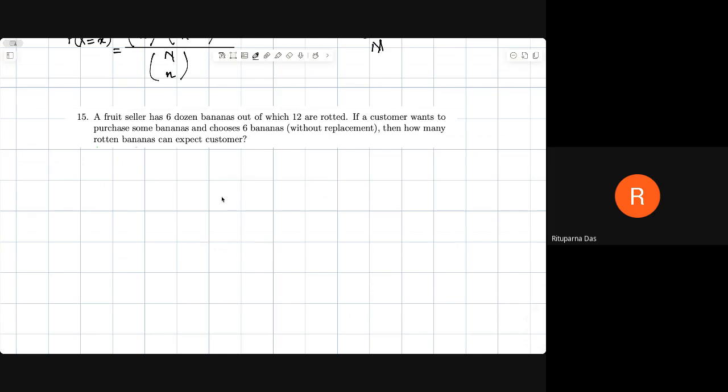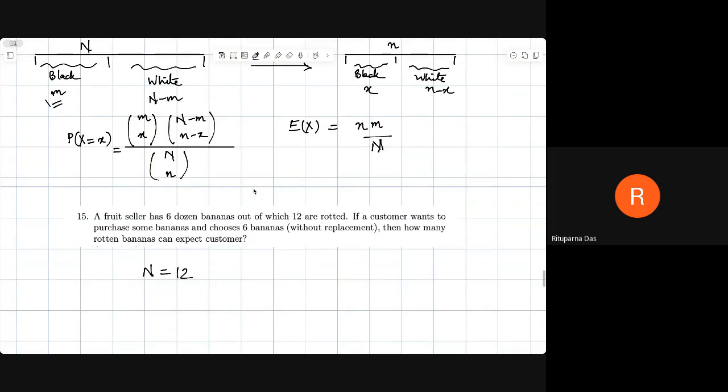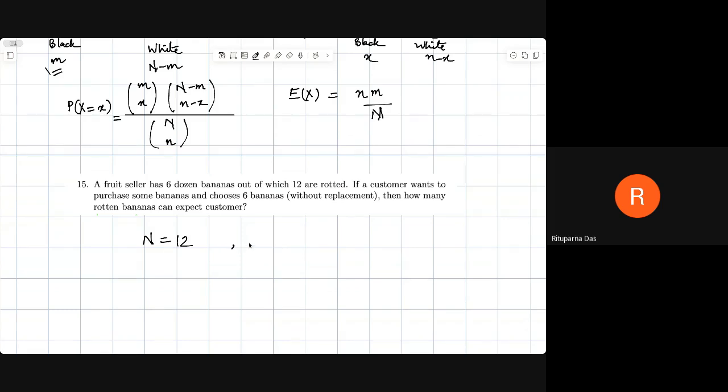If a customer wants to purchase some bananas and chooses 6 bananas without replacement. So here the value of capital N is 72. We are choosing 6 bananas, so the value of small n is 6, right?